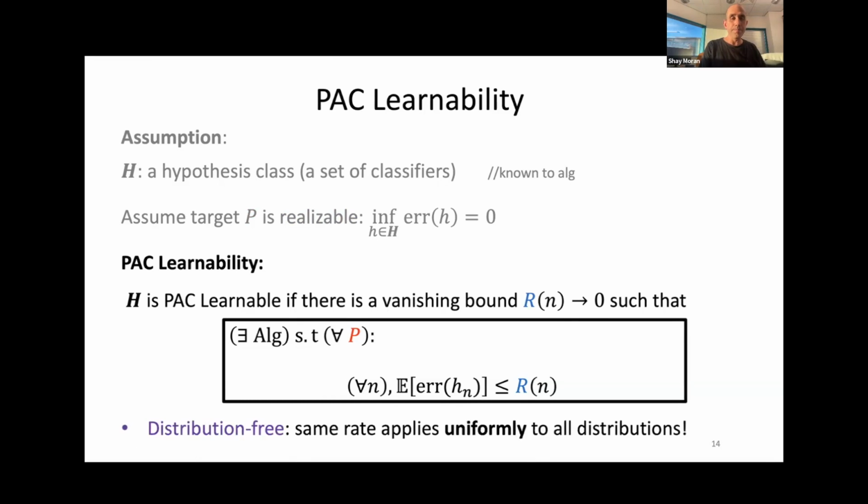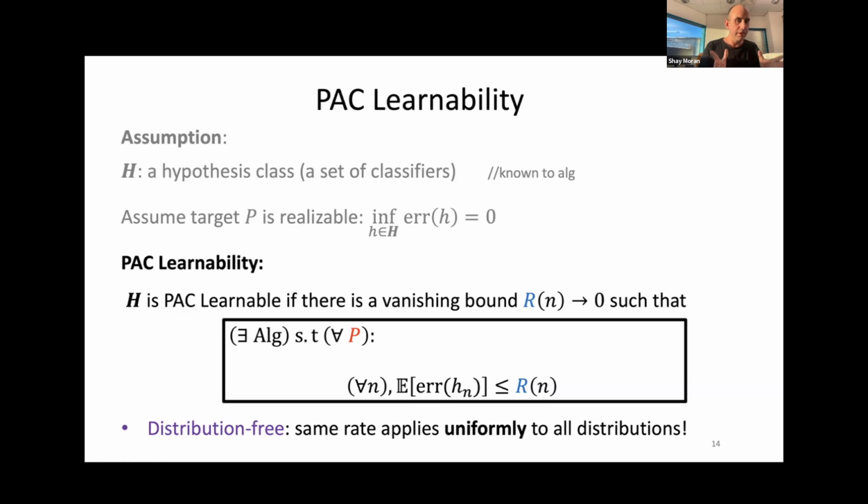Notice that this definition is distribution free in the sense that the same bound R applies simultaneously to all distributions P. All realizable learning curves are simultaneously dominated by the same R of n, which goes to 0.